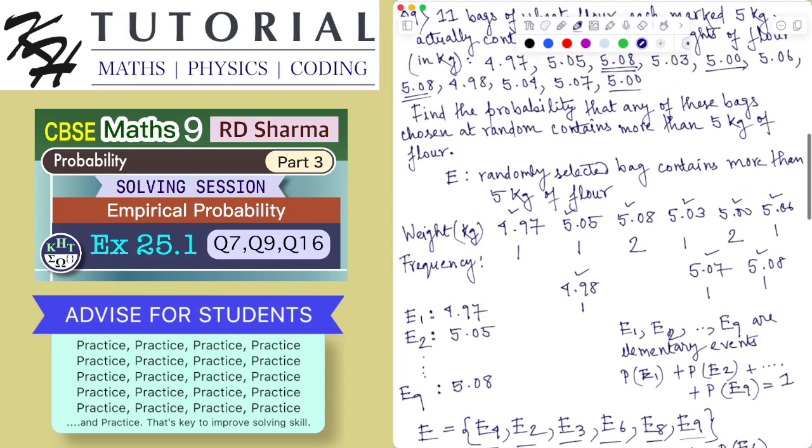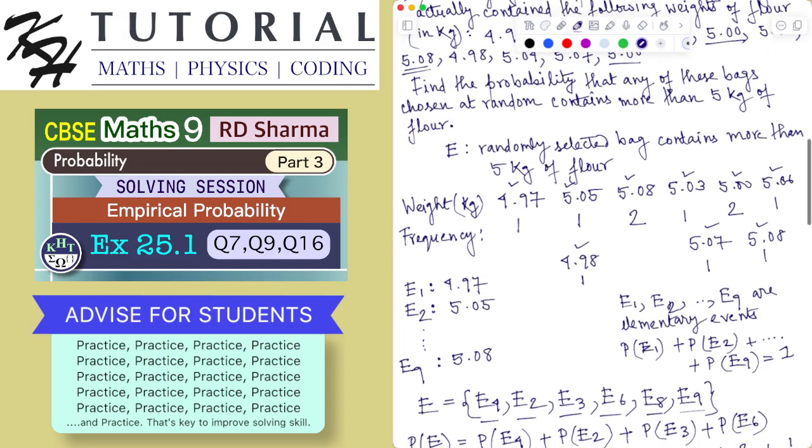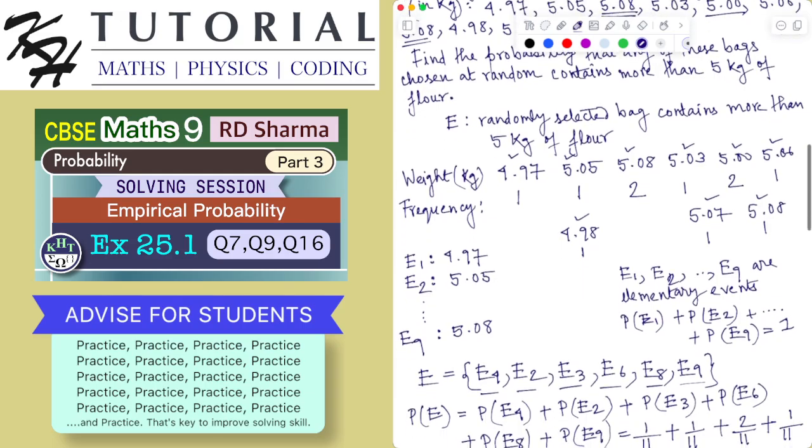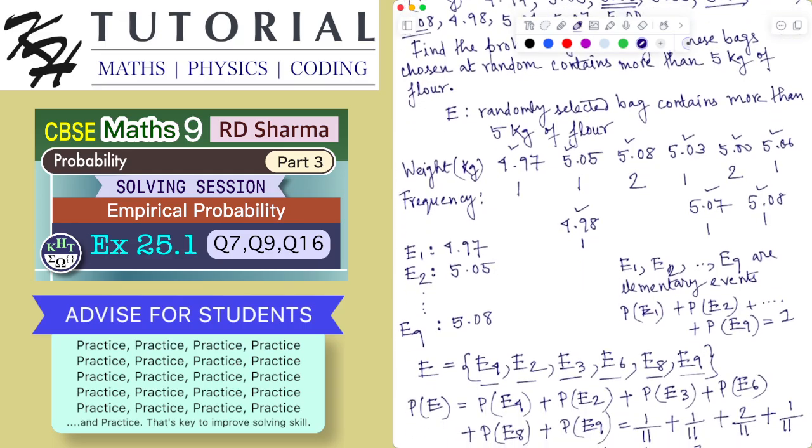Now I created the frequency table and explained the concept of elementary events and compound events related to this problem just for the sake of discussion.